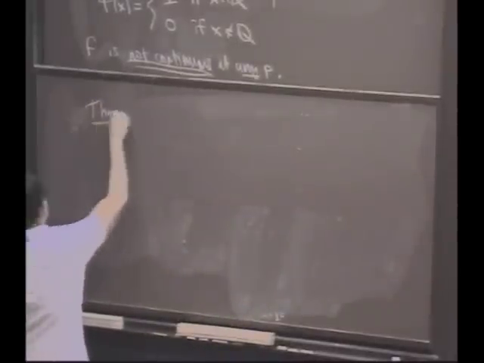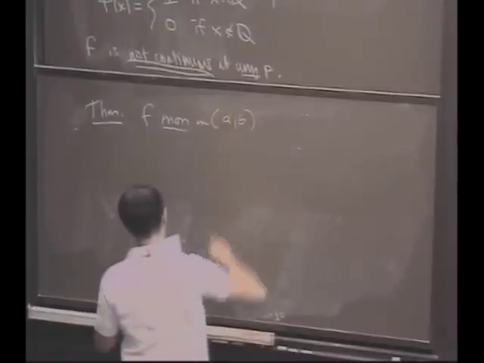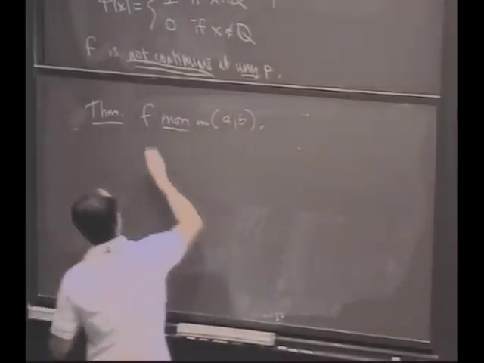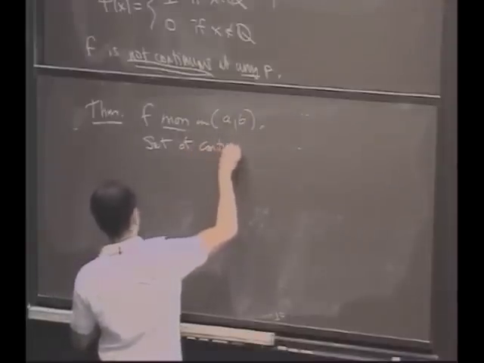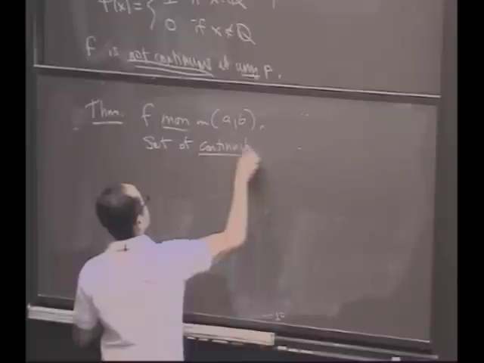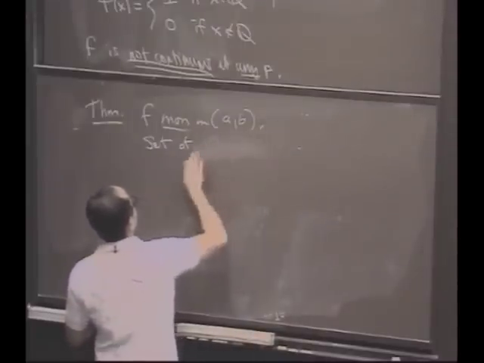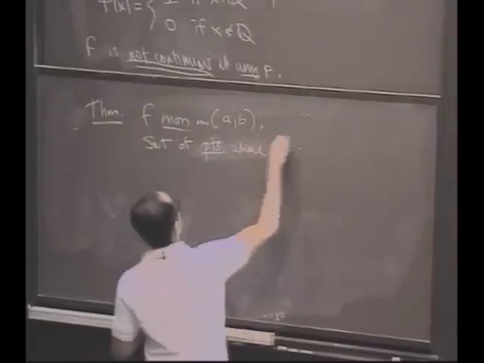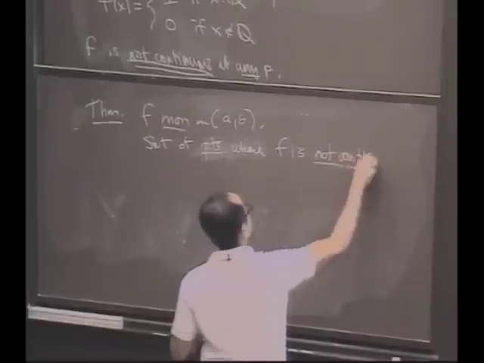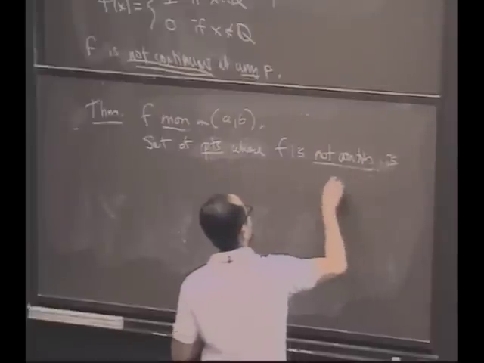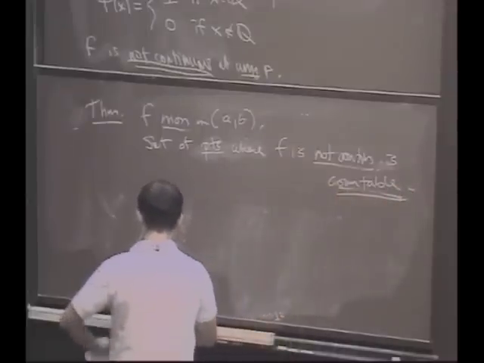I claim that if f is monotone on AB, either increasing or decreasing, your pick, then the set of discontinuities, what do I mean by that? The set of points where f is discontinuous, is not continuous, is in fact countable if f is monotone.